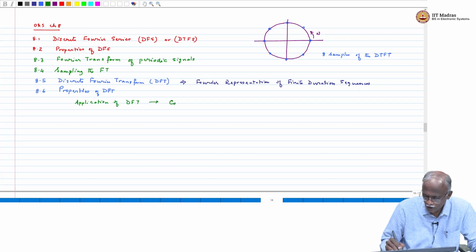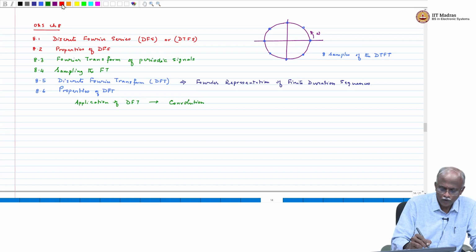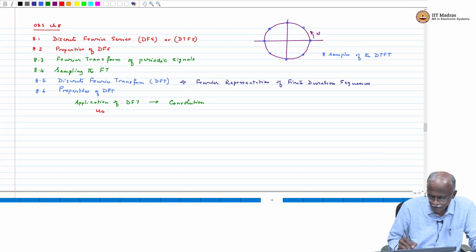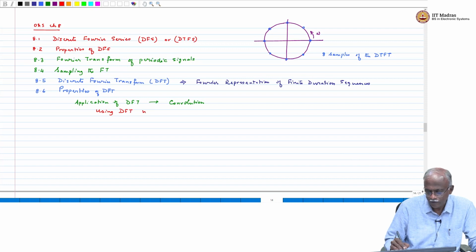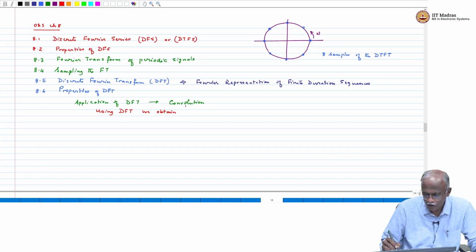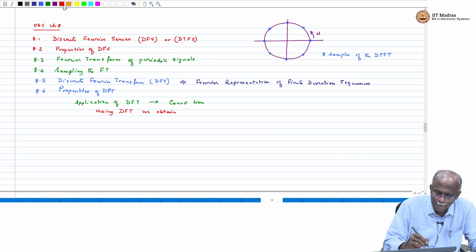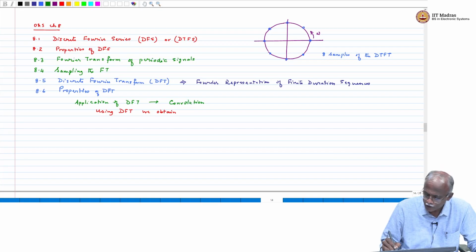This is convolution. Now using DFT, we obtain a form of convolution called periodic convolution.